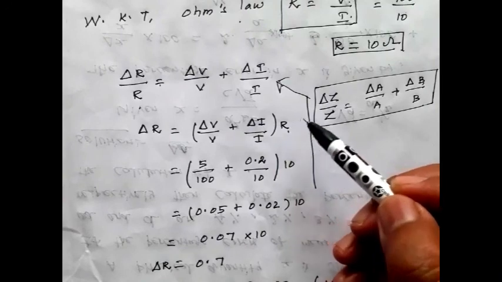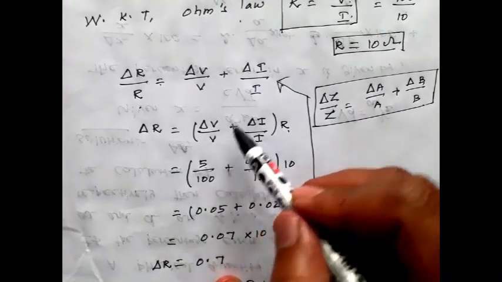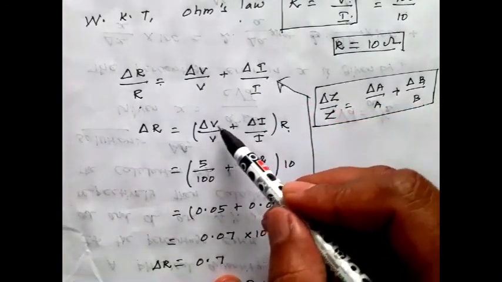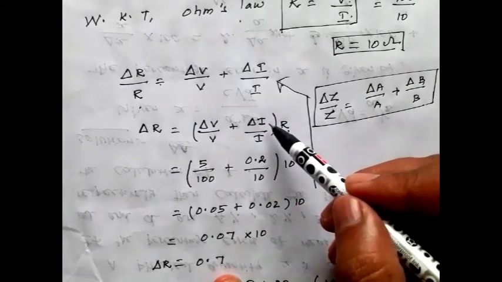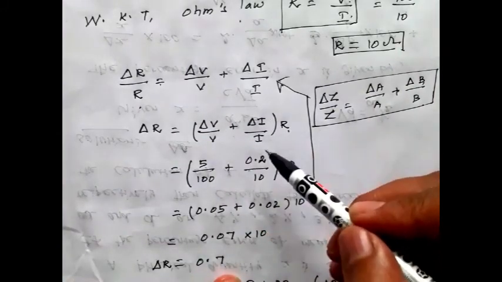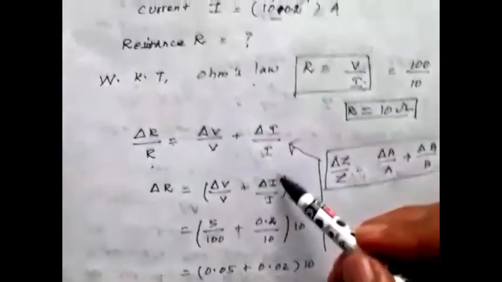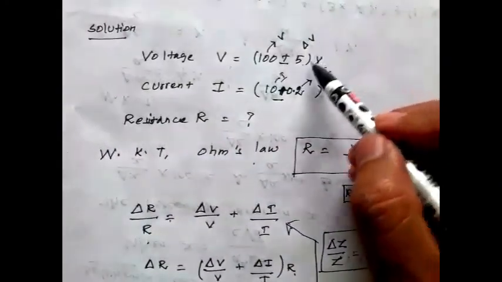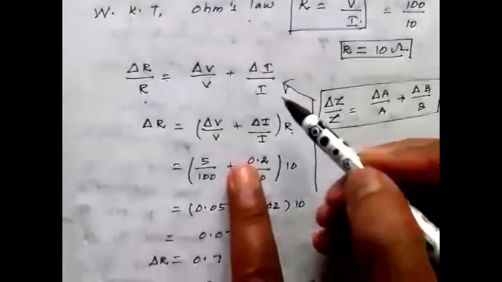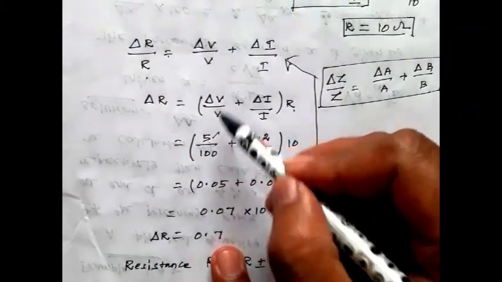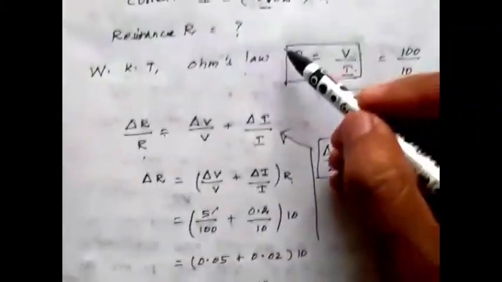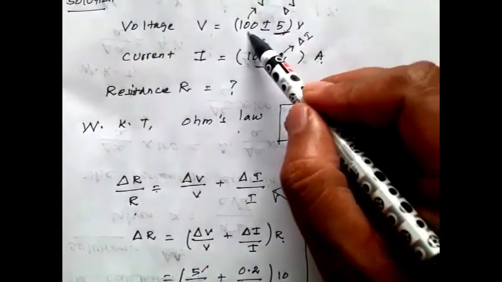Okay students, substituting known values, what is that? You know the del V value, del I value, V value and I value. What is the del V value? That is 5. Just substitute here del V. And you know the V value. What is the V value? That is 100.